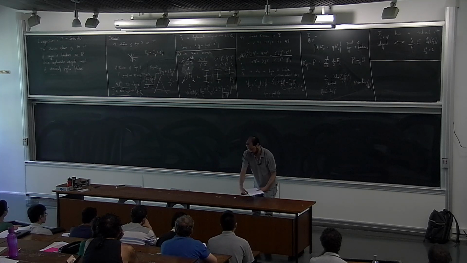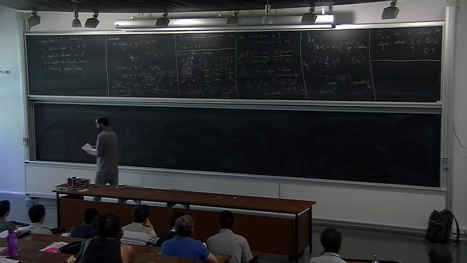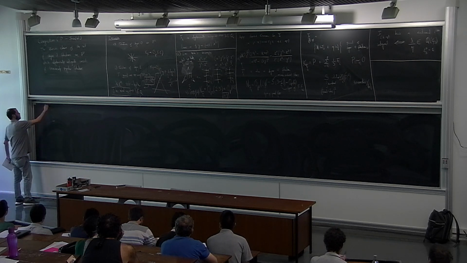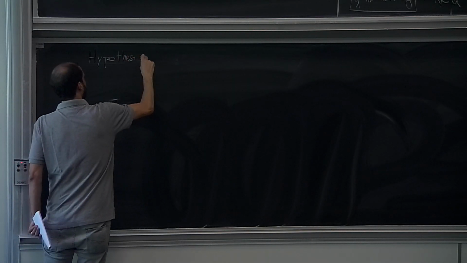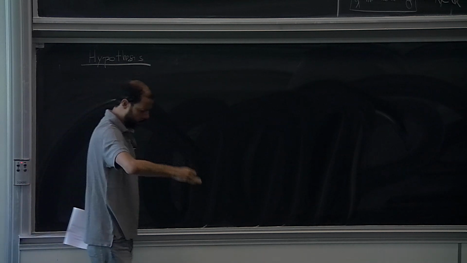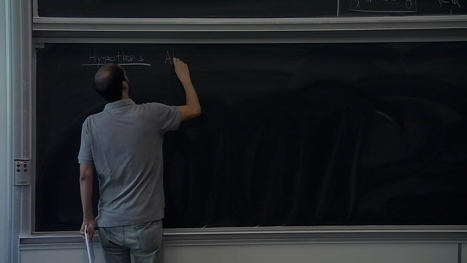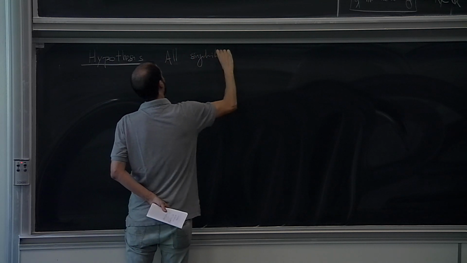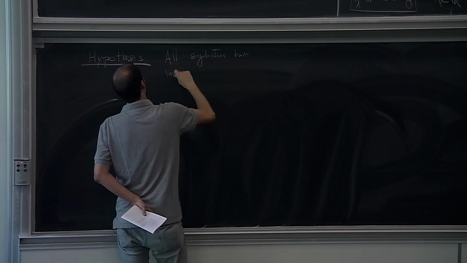I would like to recall now another result of Poincaré, which appears in that paper. So let me just write down one thing that I mentioned yesterday. There is this standing assumption through the whole paper of Poincaré, which says that all singularities have invertible linear part.